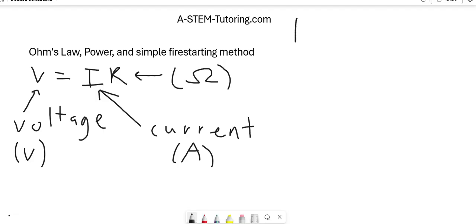Now, power equals voltage times current. The potential, the pressure, times the amount of flow, which kind of makes sense. Power is measured in watts.